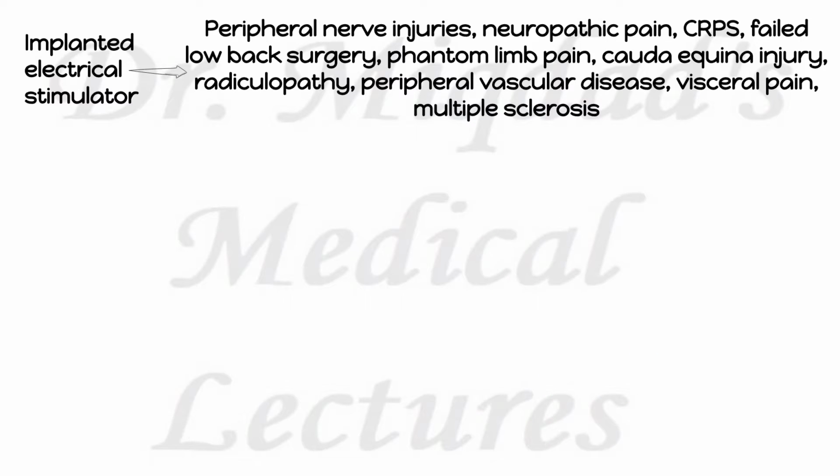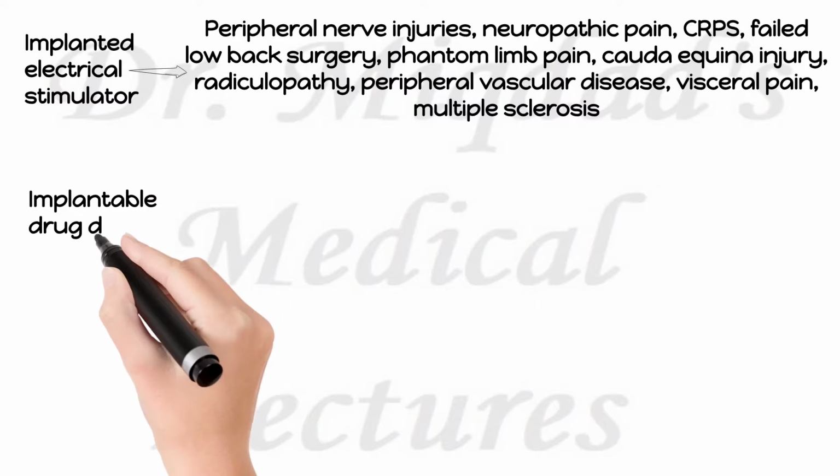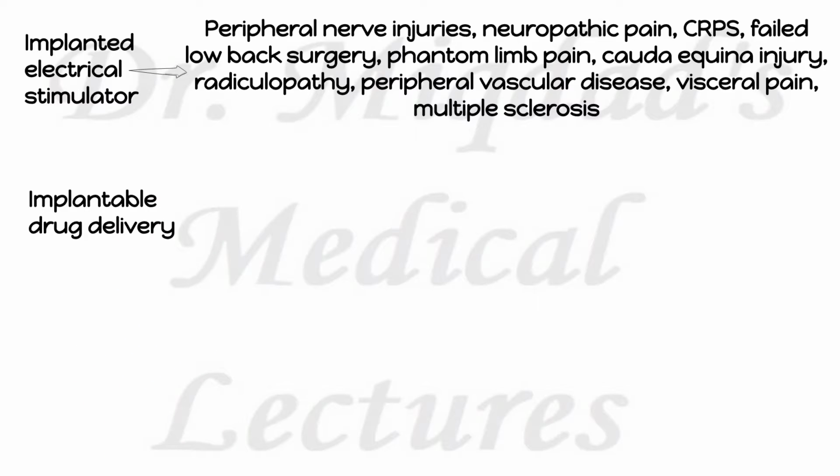Then another intervention is the implantable drug delivery system. It can be used for infusion of medication into the spinal cord or specific arteries which are serving the involved structures. Most commonly they are used for intrathecal drug delivery, which consists of a pump with a drug reservoir. Typically it is implanted in the abdominal wall and it is connected to a catheter which delivers medication into the intrathecal space.